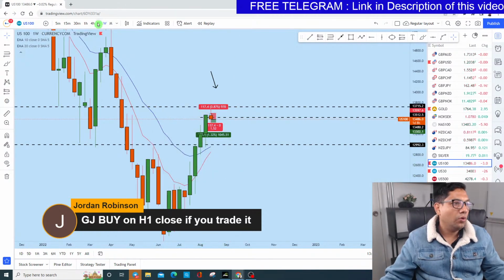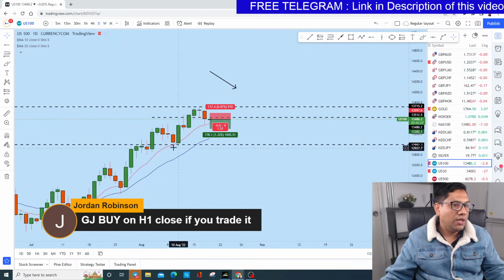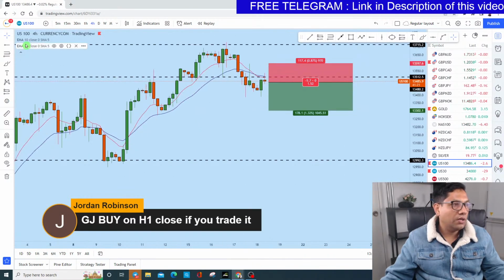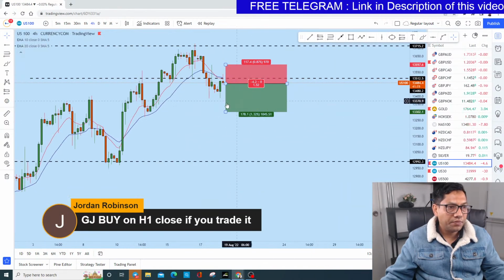So with that in mind, on the daily there is a daily support zone, and you see there is a daily 20 period moving average as well. So on the 4-hour, we see our target is well above, and we can target at least 1 to 2. So let's keep it 1 to 2.